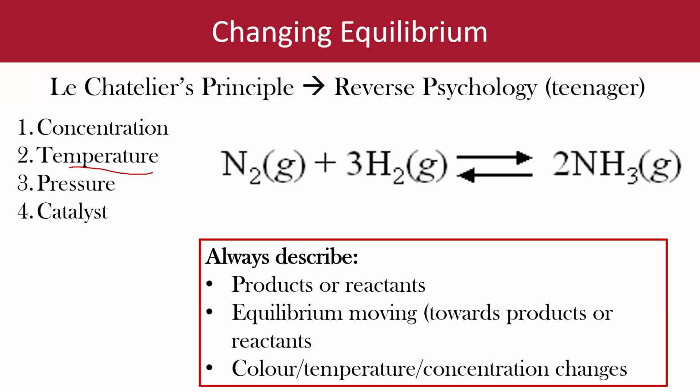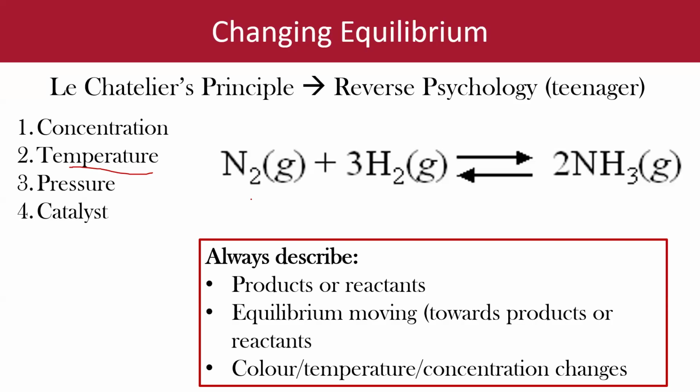What do I make more of, and what do I make less of? And then pressure: do I make more ammonia or more nitrogen? Which way does the equilibrium go with pressure? Isn't the catalyst a trick question?